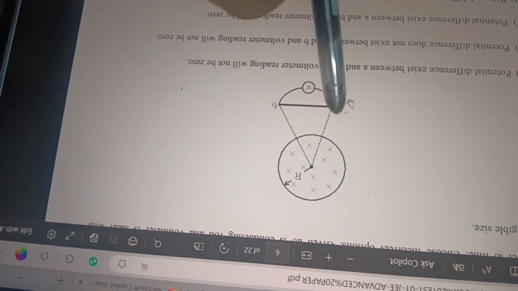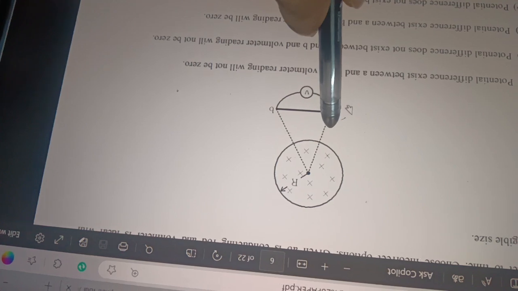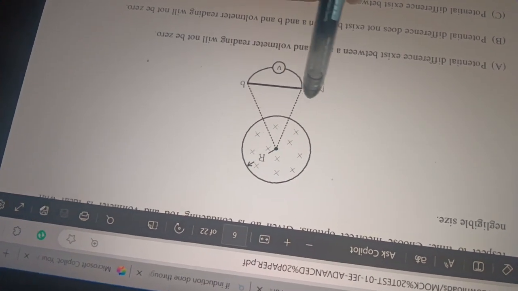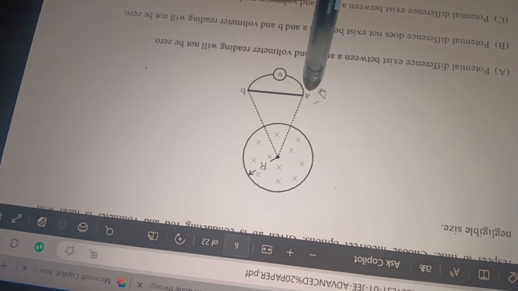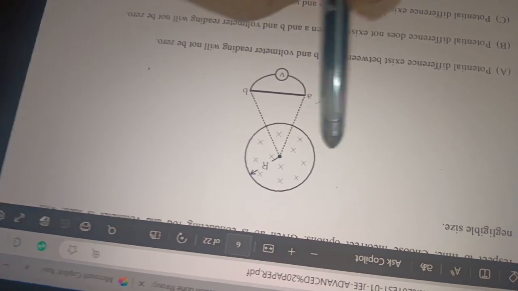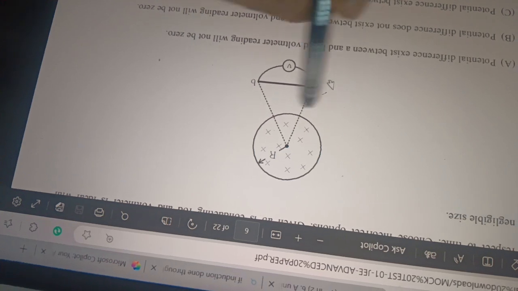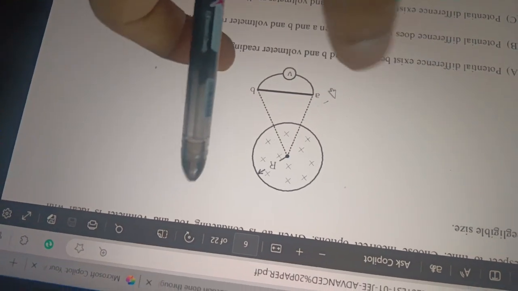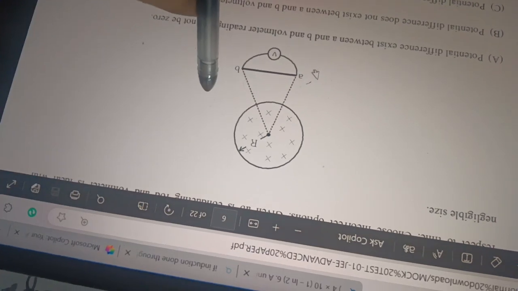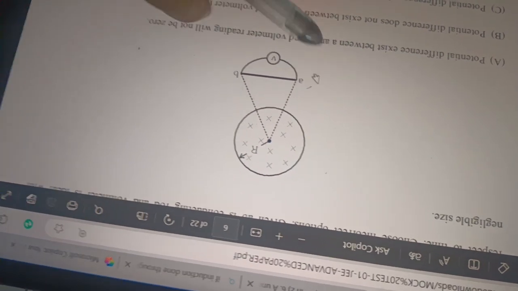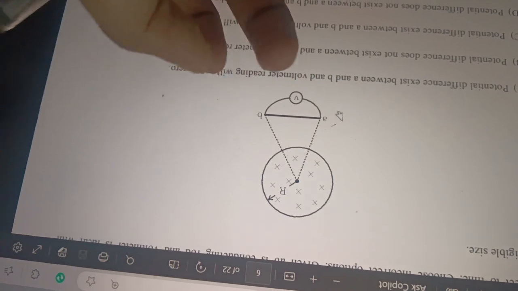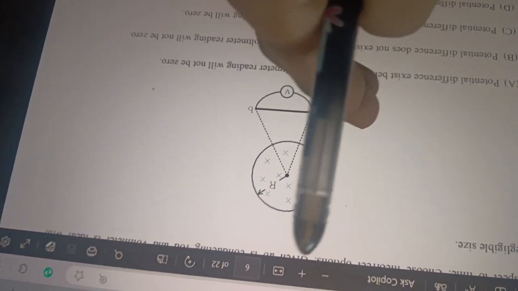Well, there would be some static electric field in this part, and let's say in this direction there would be some E static, and also in this part there would be some E static in this direction. But the total potential difference due to the E static, in this direction from the wire and in this direction from the rod, if you take a complete loop, the E static total would be 0, because both are providing the same value of the E static.